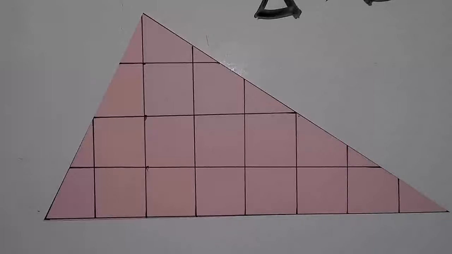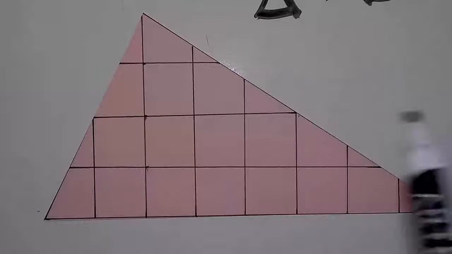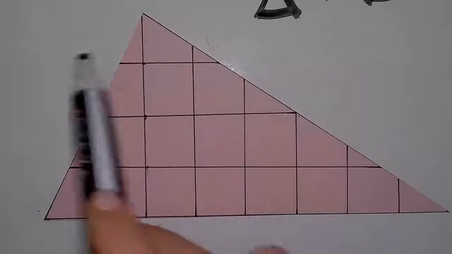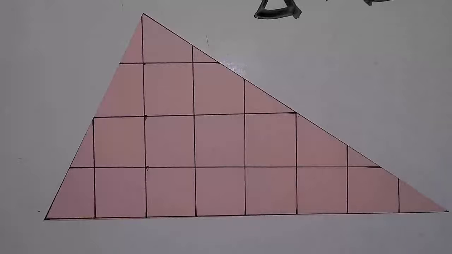Take a second to just look at this picture and think about where it makes sense to cut the triangle. Is it here? Is it here? Is it here? What part of that triangle looks like it's already starting to form a rectangle for us? Pause the video and think about it for a couple seconds.